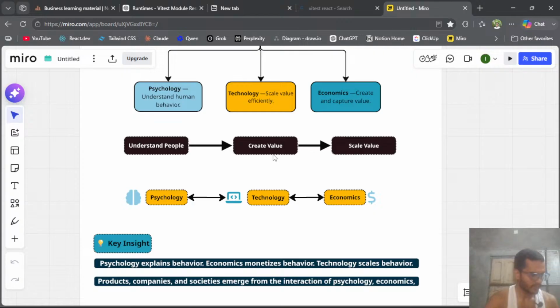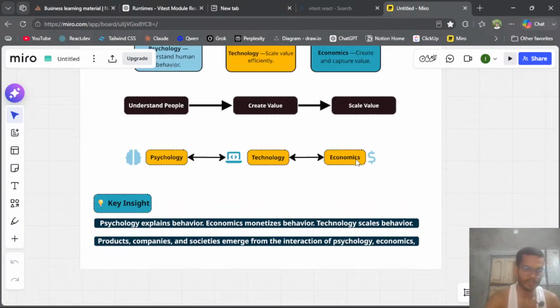Create value, then scale value. To scale value, we need technology, right? I hope you understand. But there is one thing you have to understand. Psychology is interlinked with technology, and economics is interlinked with technology, which means technology can influence psychology. That's why you are addicted to YouTube and Instagram.